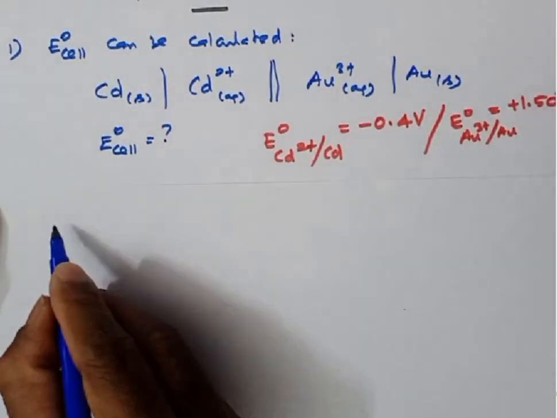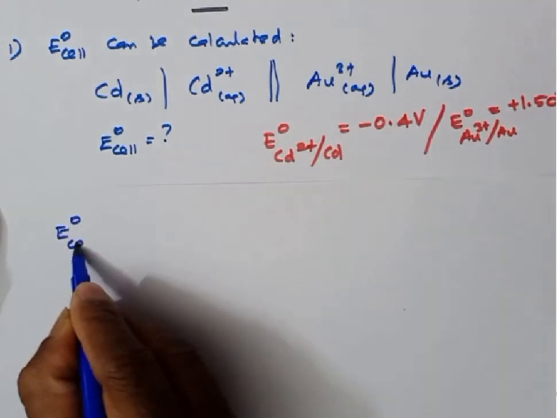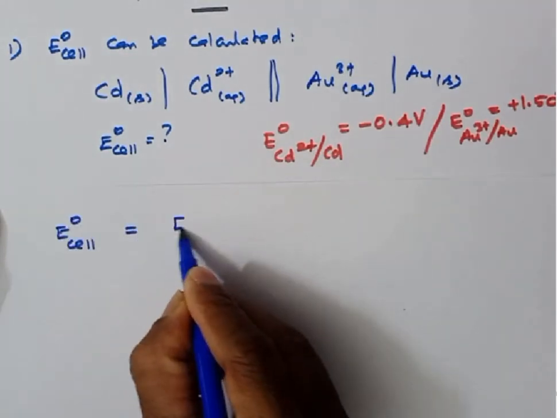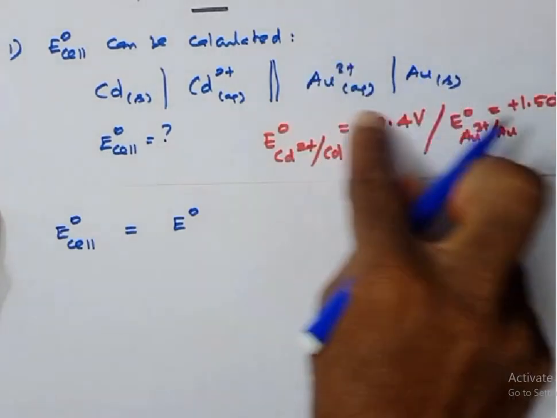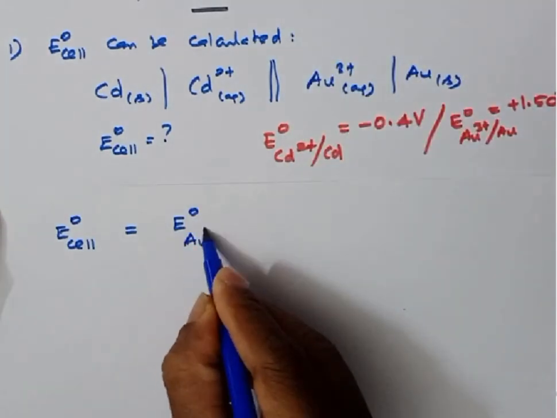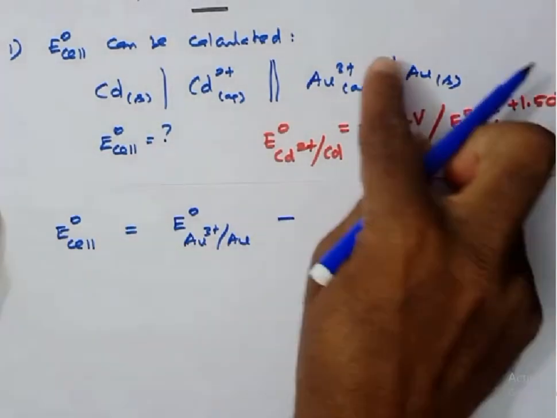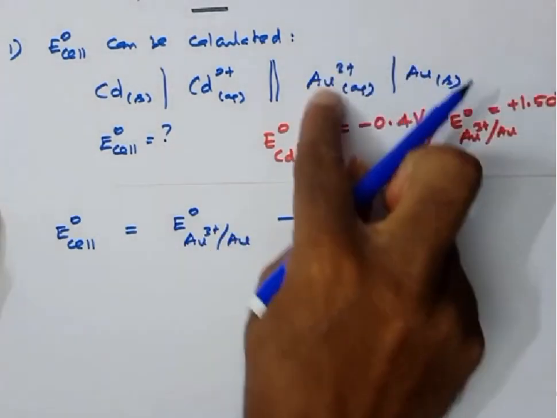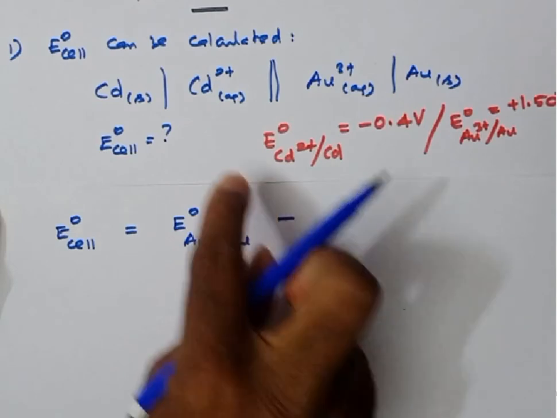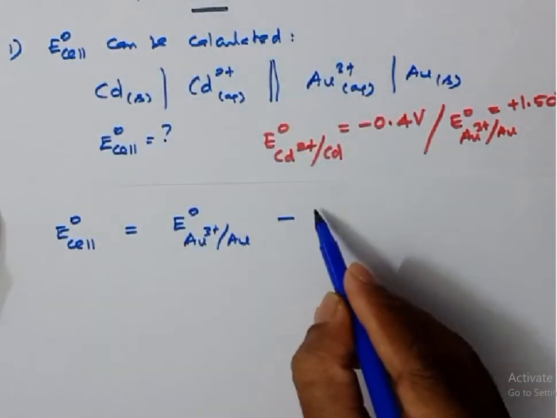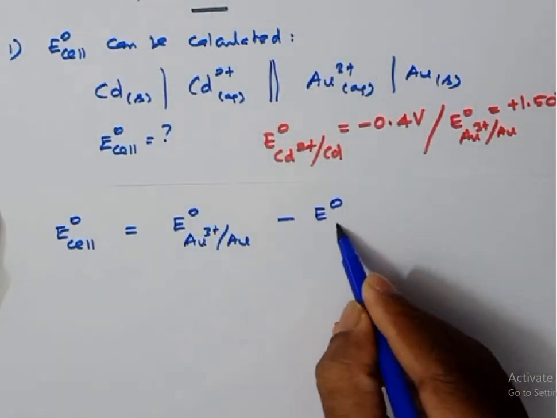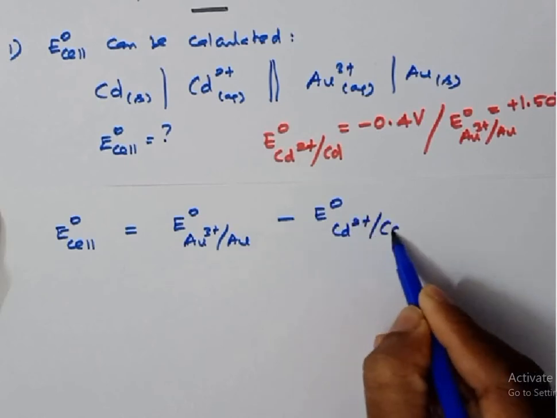What is the formula? Standard cell potential is equal to standard reduction potential of the cathode. Cathode is gold here, so Au3+ becoming Au, minus, that is the right hand side electrode, standard reduction potential of the right hand side electrode, minus standard reduction potential of the left hand side electrode, E0 cadmium 2+ becoming cadmium.